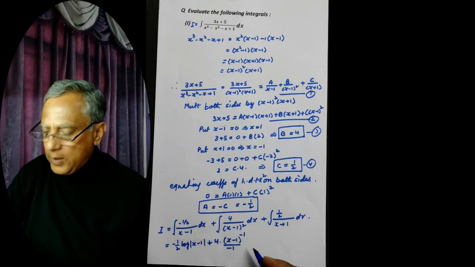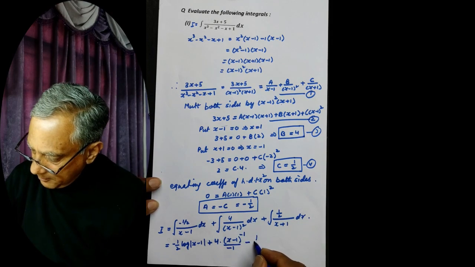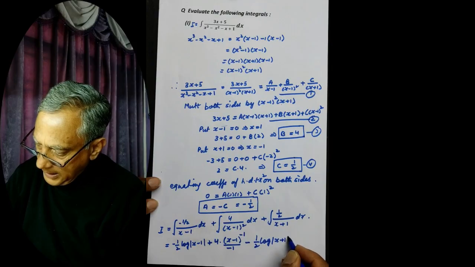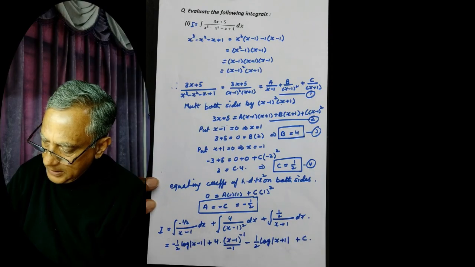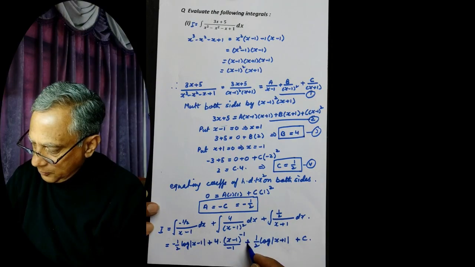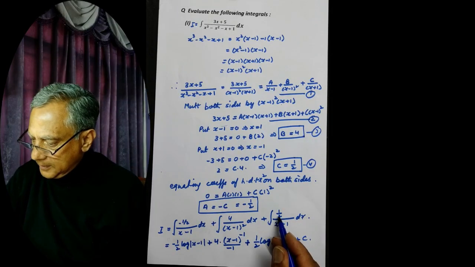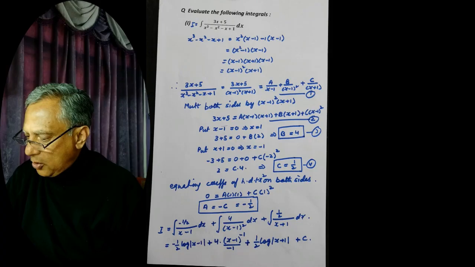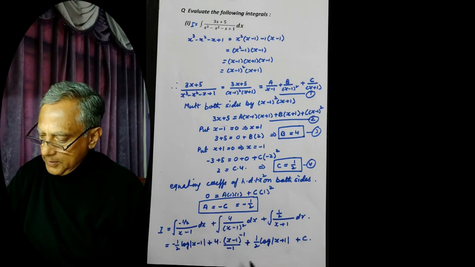That is n plus 1 over n plus 1. Plus half, and integration of this will be log of mod x plus 1, plus c.